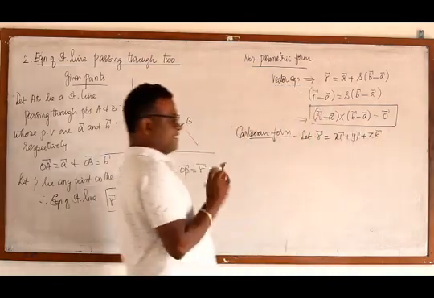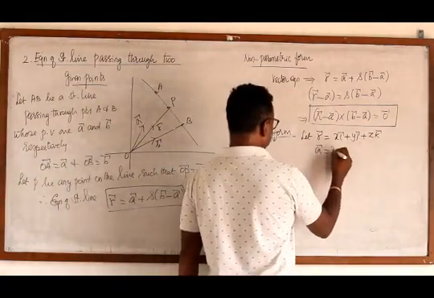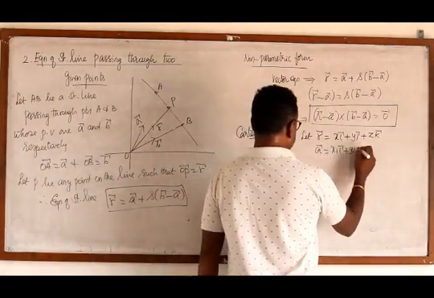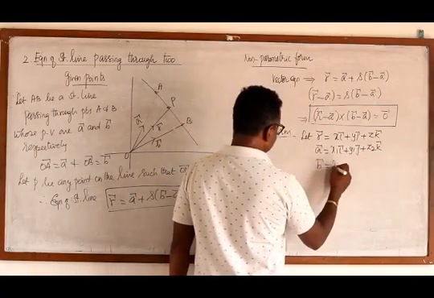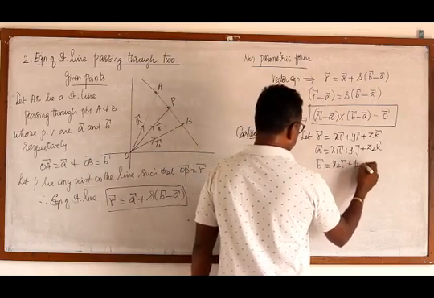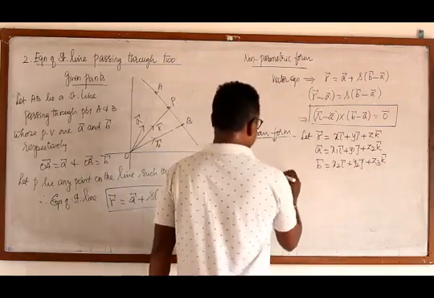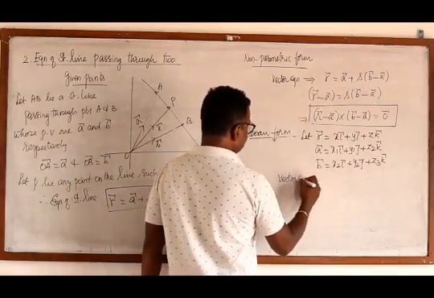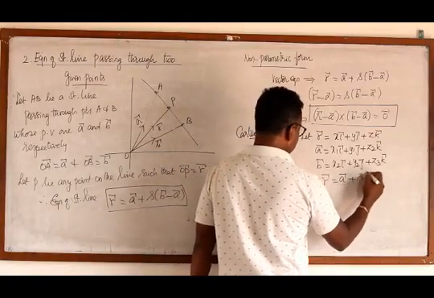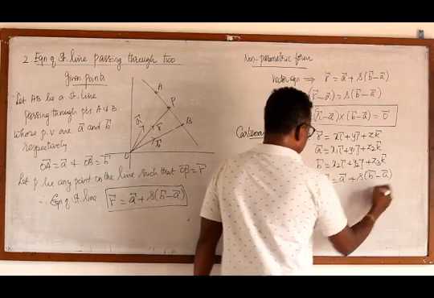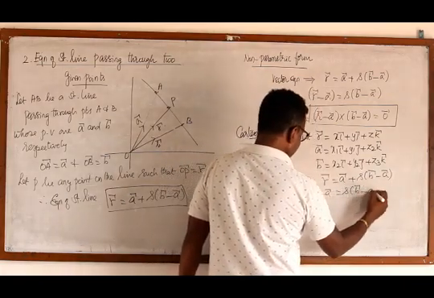We always take the general point as x, y, z and the particular points, a vector as x1 i, y1 j, z1 k, because these two are known points, and b vector as x2 i, y2 j plus z2 k. Then the vector equation, shall we write straightly? The vector equation is r vector equal to a vector plus s into (b minus a), isn't it? Shall I write this as r minus a equal to s into (b minus a)?